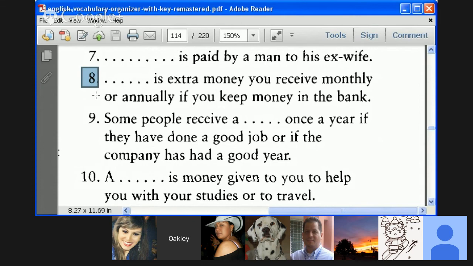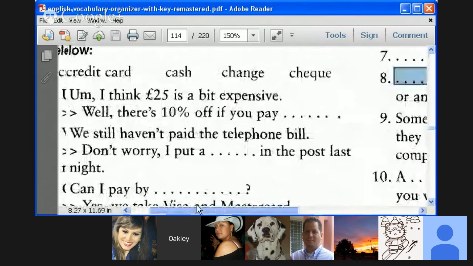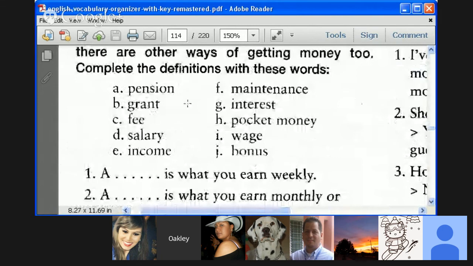Income is extra money you receive monthly or annually if you keep money in the bank. Not income. Well, okay, if you have a savings account, they will give you a certain percentage of extra money.